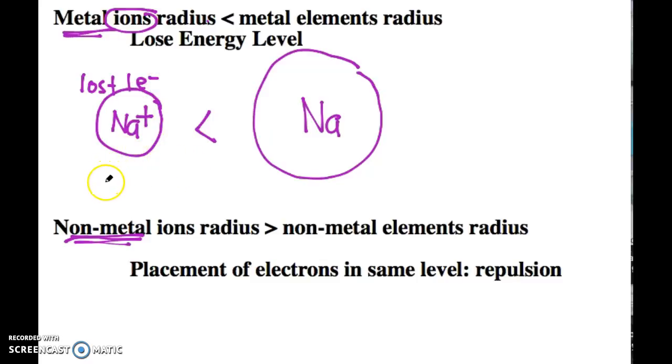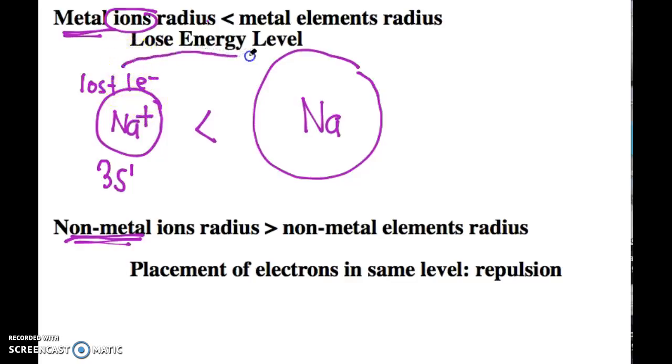Now, if you think about what electron it is that ended up getting lost, it always is going to have to go back to our valence, which is 3s1. And when the sodium lost that 3s1 electron, it no longer has any electrons on the third energy level. And we actually go back down to energy level 2 here.